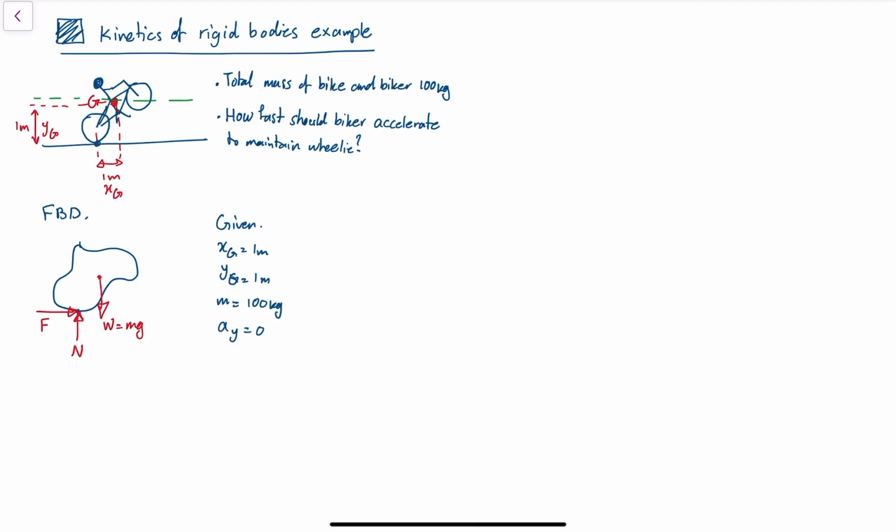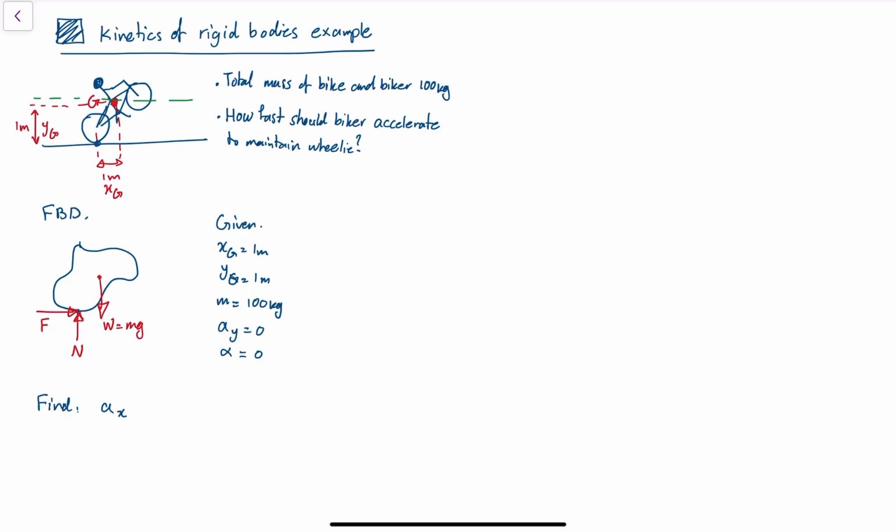I also know through the same wording that the angular acceleration of the bike is also 0. And what you need to find is essentially this a x, the acceleration in the x direction. So that is all you can have, I think.